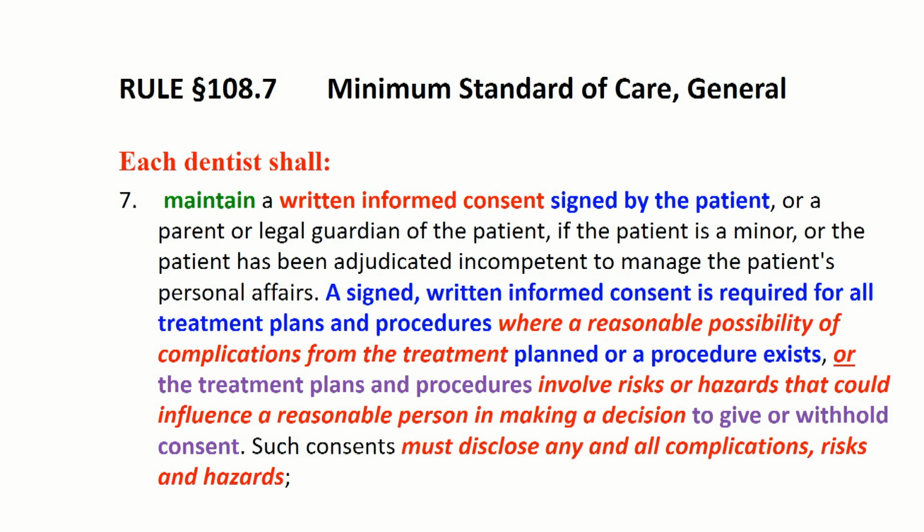Legal guardian is going to be defined as someone who has actual court-ordered guardianship over the patient. If a grandparent is attempting to sign off on a minor patient's informed consent, but they don't have court-ordered legal guardianship over that patient, then a grandparent's signature on an informed consent is technically not compliant with the state board rule.